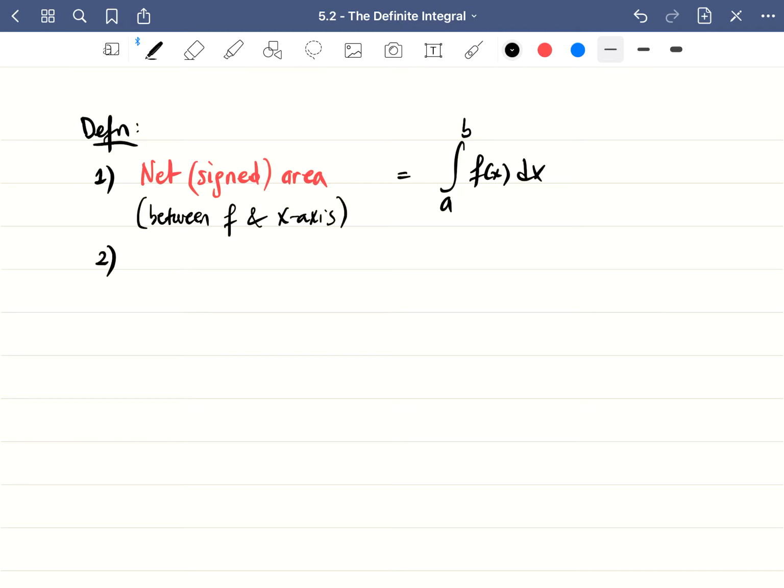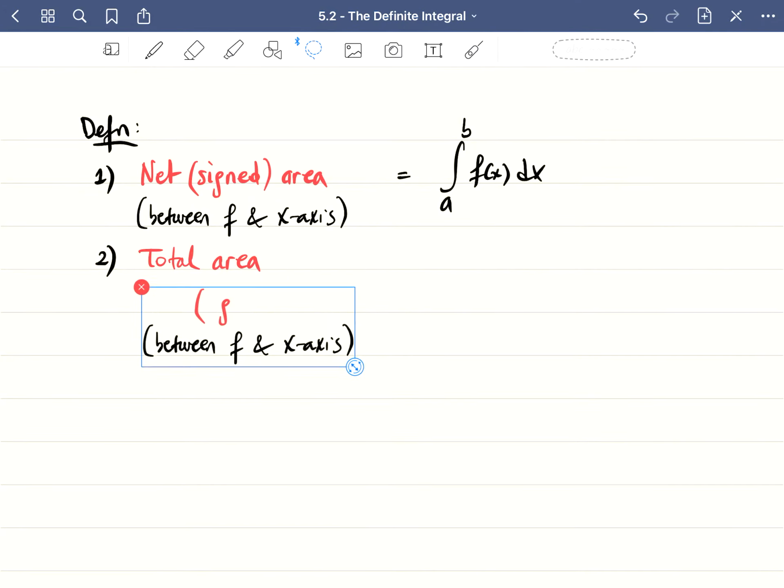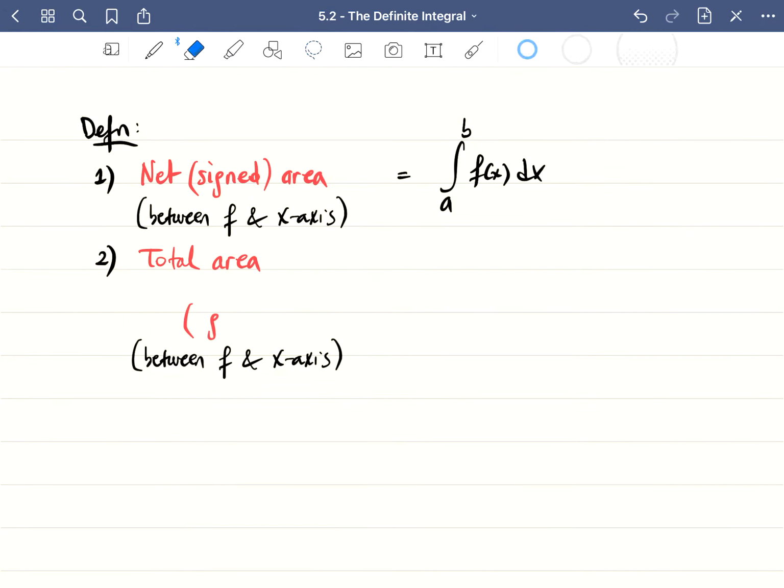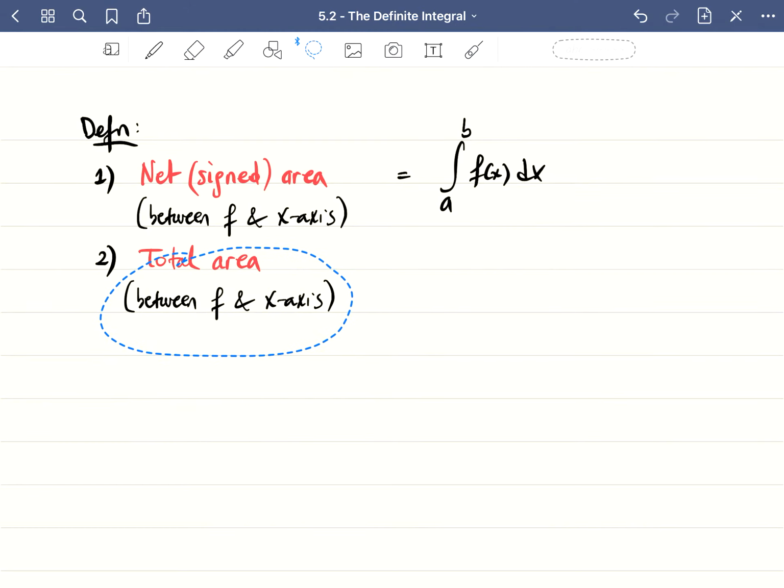Okay, but the total area, which means if you count all areas as being positive, regardless of them being below the x-axis or above the x-axis, is called the total area. Again, between f and the x-axis.